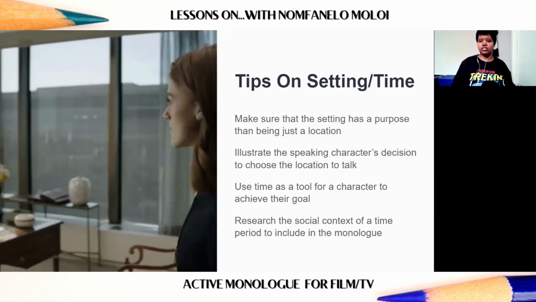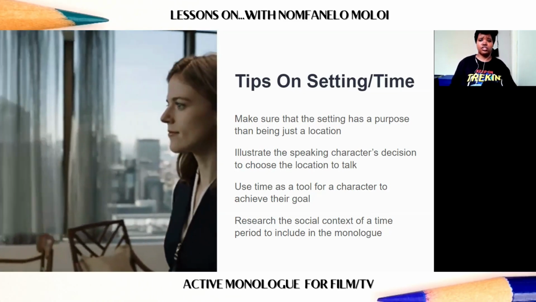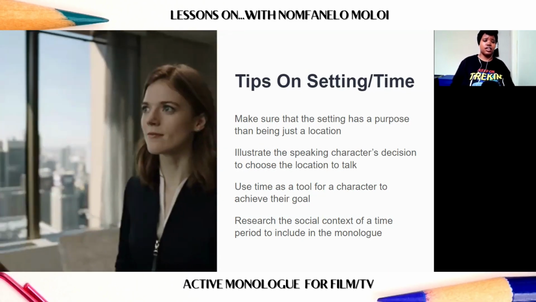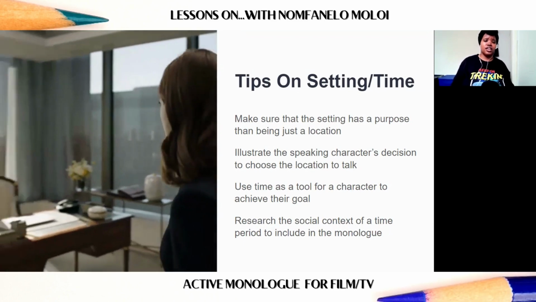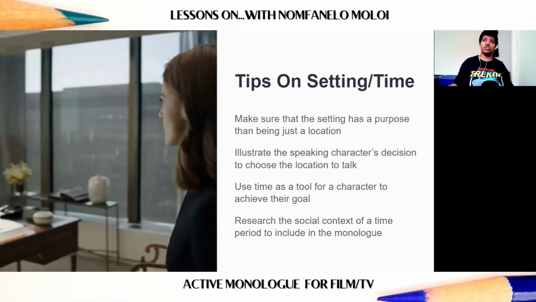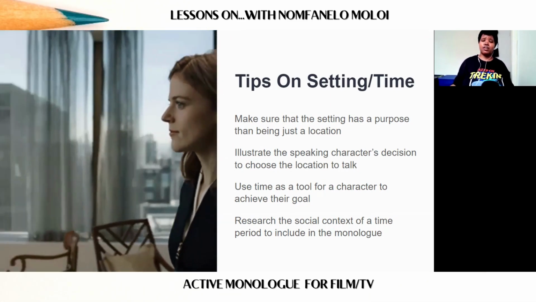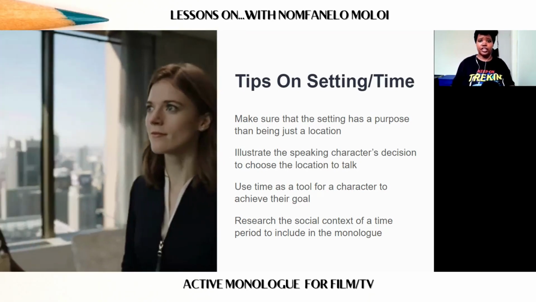So also illustrate the speaking character's decision to choose the location to talk. With Silva's monologue, he owns the island, so he captures Bond and essentially tries to use the island to show that he was abandoned, and Bond himself is abandoned, and he feels like they're two sides of the same coin.